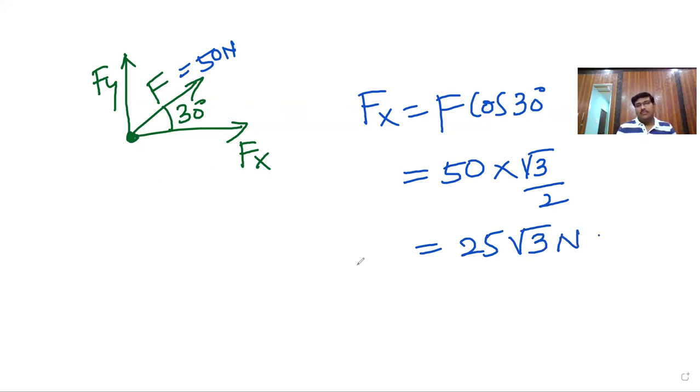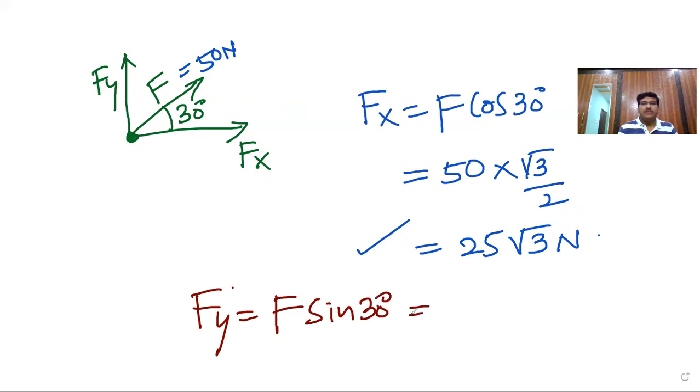This is the force along the ground. Similarly, Fy, the vertical component to lift the stone, is F sin 30. F is how much? 50. Sin 30 is half. So 25 newtons.